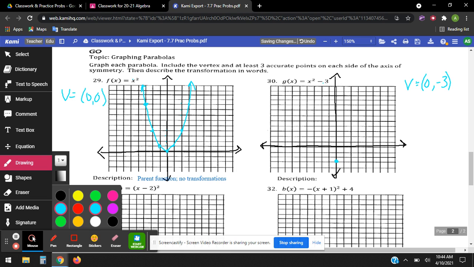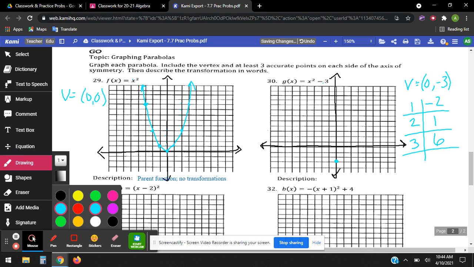If I do 1 squared, that's 1 minus 3 is -2. 2 squared is 4, 4 minus 3 is 1. 3 squared is 9, 9 minus 3 is 6.